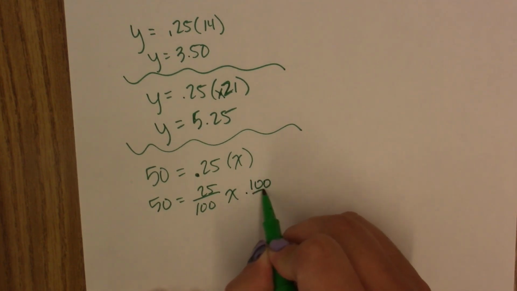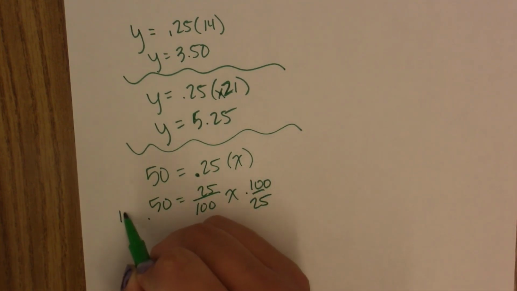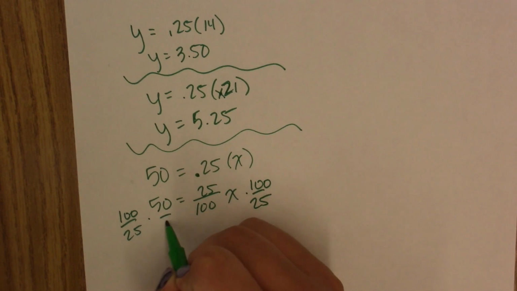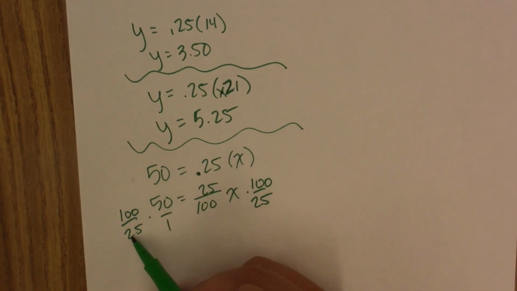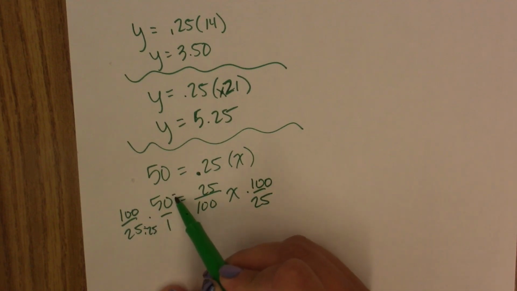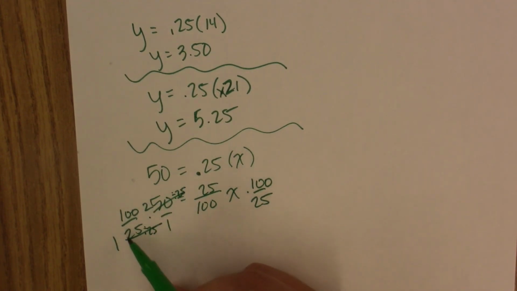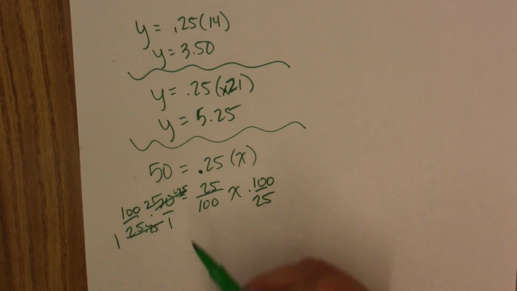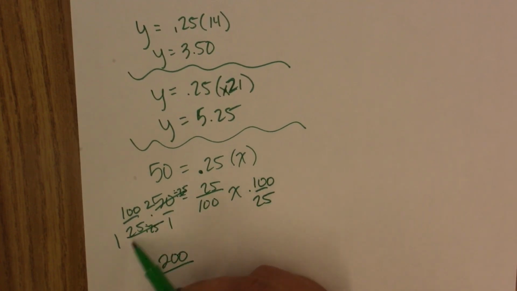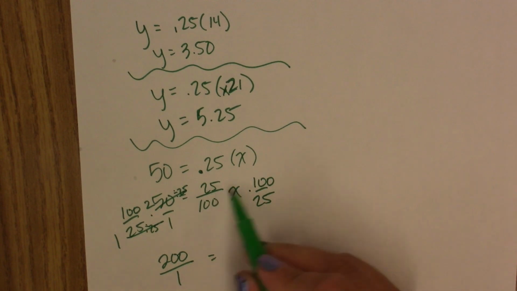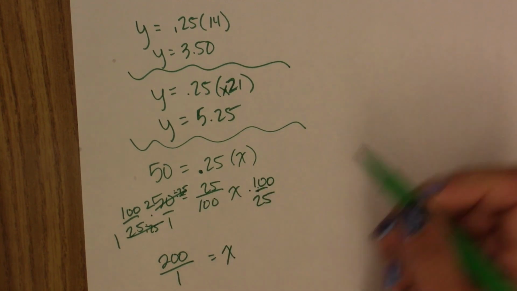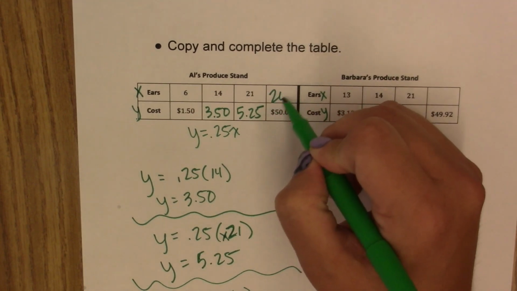We're going to multiply by the reciprocal. We can simplify this part down. I know I can divide both of these by 25. So 1 and 4. So I get 50 times 4, 200. 1 times 1 is 1. And these become a 1. So I know we can buy 200 ears of corn.